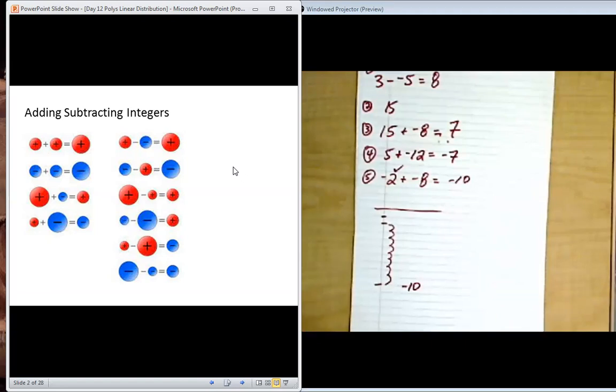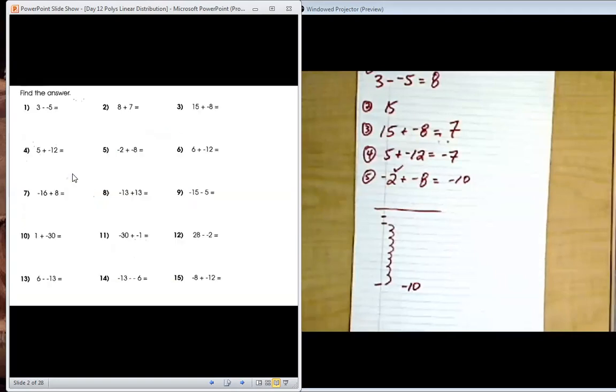So what am I looking for? This one. It's a bigger minus. Look at the size of the circle.